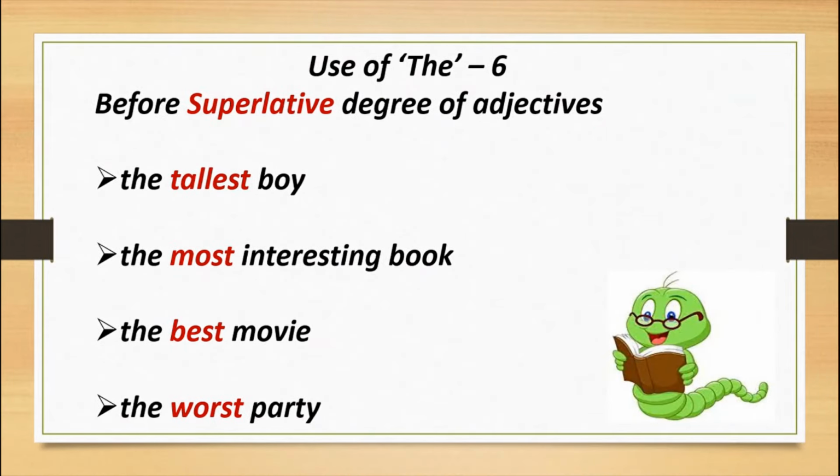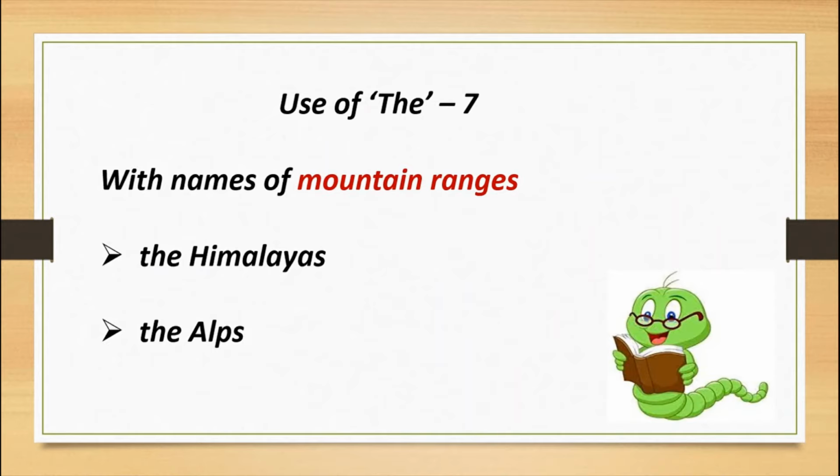Rule 6. Before superlative degree of adjectives. For example, the tallest boy, the most interesting book, the best movie, the worst party. Rule 7. With names of mountain ranges.